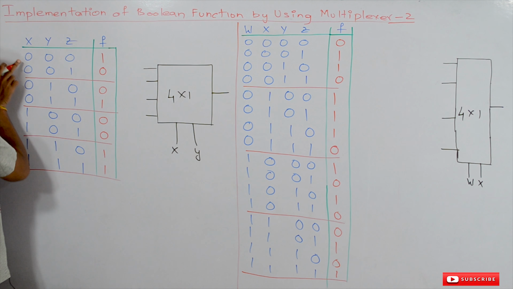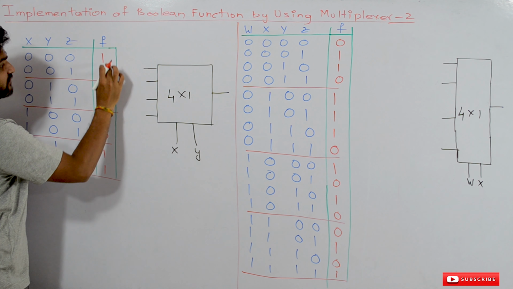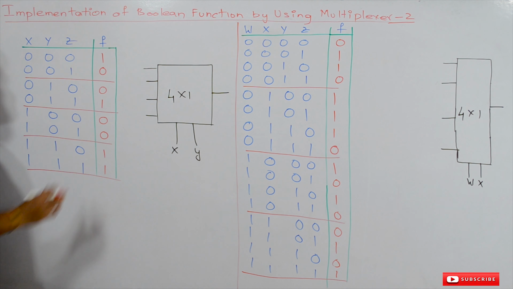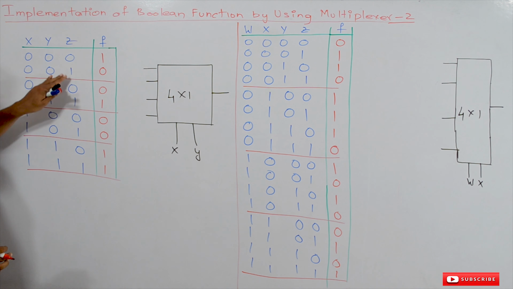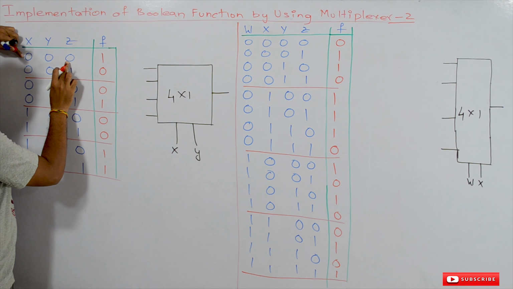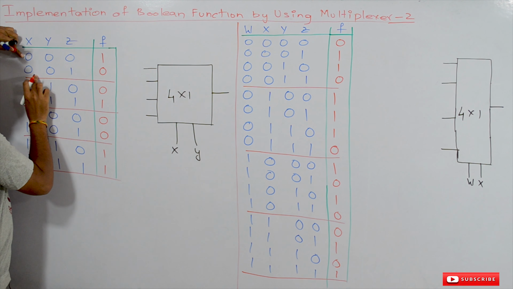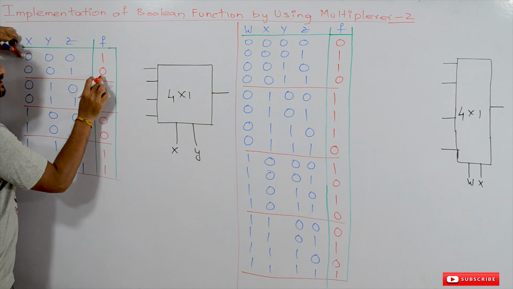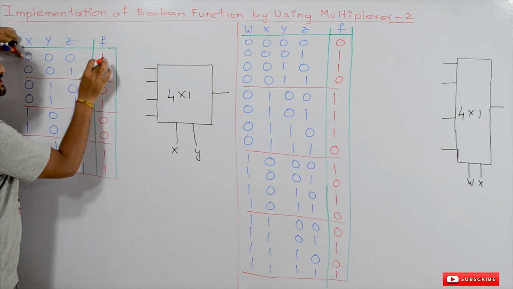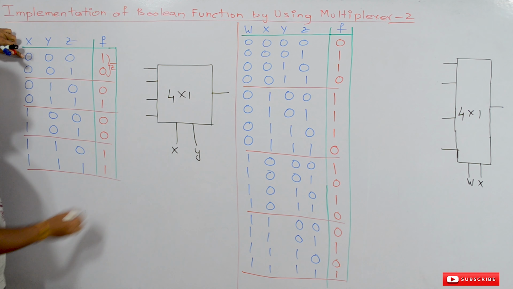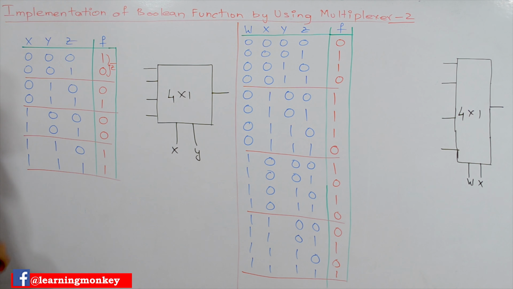Whenever the values of x and y are 0, 0, the function is 1, 0, which means it is just a complement of z. See here, whenever 0, 0 is there and the value of z is 0, the function value is 1. If the value of z is 1, the function is going to be 0. So this function is behaving just as z complement.